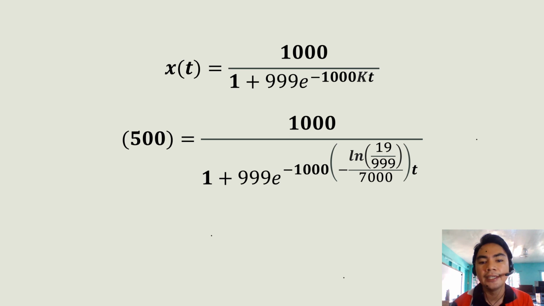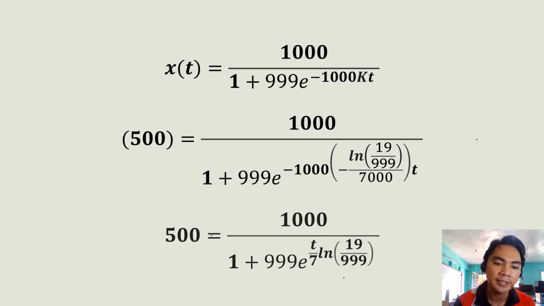We already have the value of k, which is negative ln of 19 over 999 all over 7,000. So let us simplify. So we have 500 is equal to 1,000 all over 1 plus 999 e raised to t over 7 ln 19 over 999.